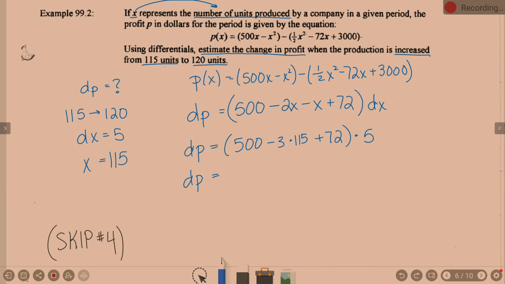And what are we getting? 1,135. 1,135 what? Dollars. This is the change in profit. And so $1,135.